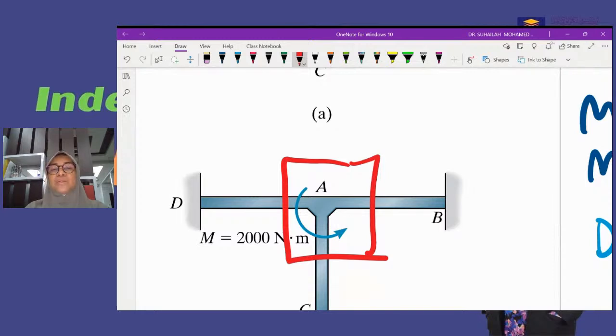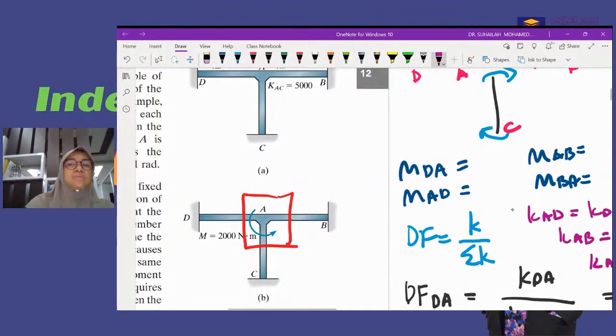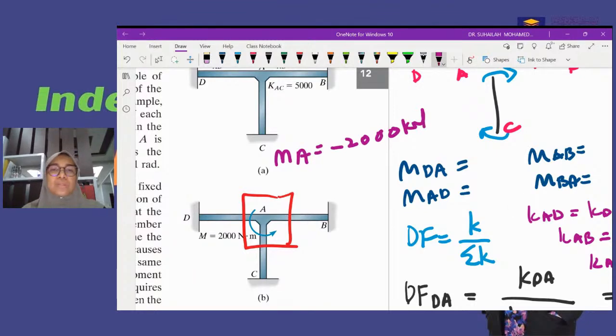At A the joint moment is 2000. So M at A is negative 2000.